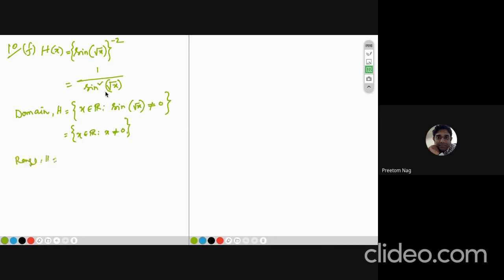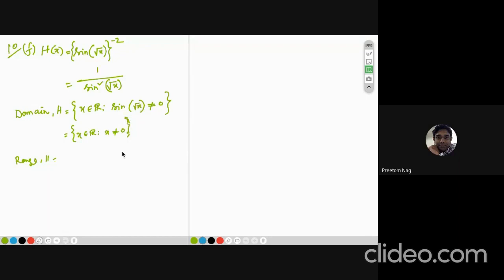Sir, I have a question. In the domain, can x be negative? X cannot be negative, since we have a square root of x. So we have to correct this one.